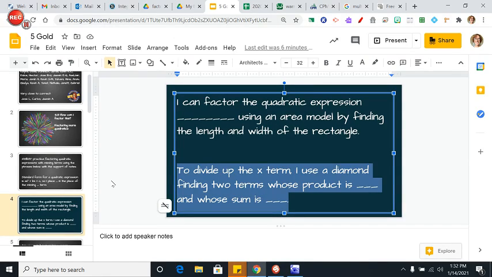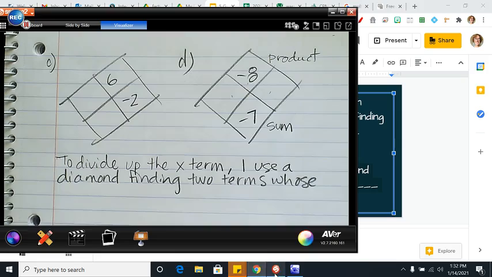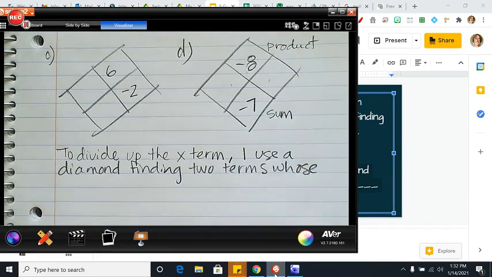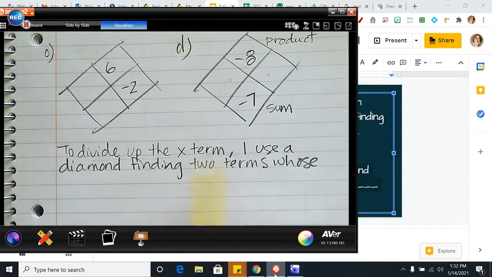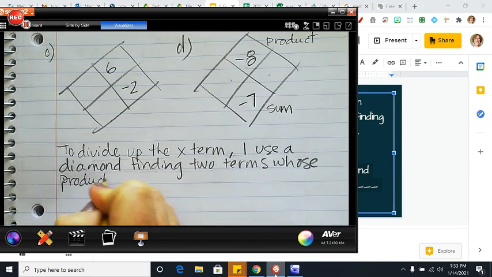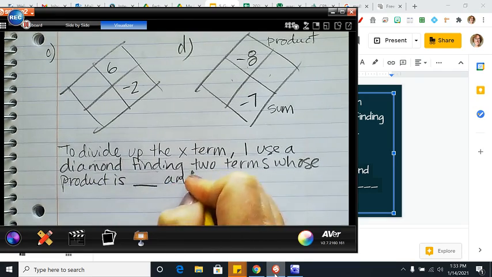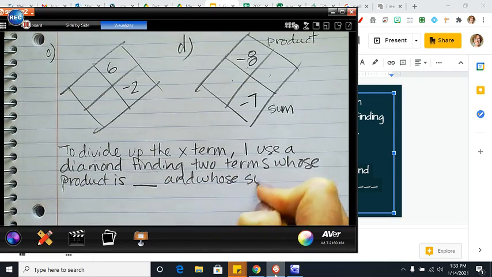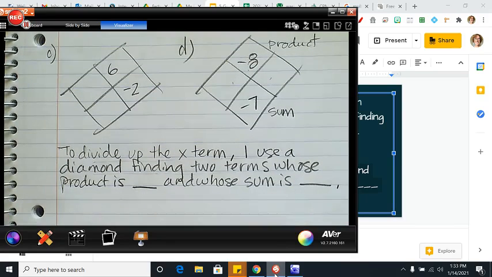Write underneath the diamond problem: To divide up the x term, I use a diamond finding two terms whose product is blank and whose sum is blank. If you need more time to write that down, just pause the video.